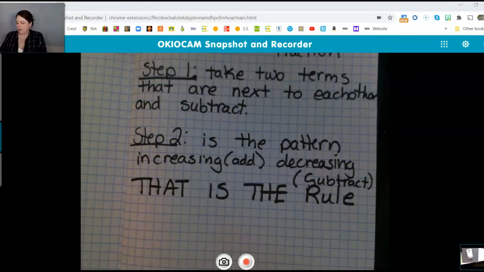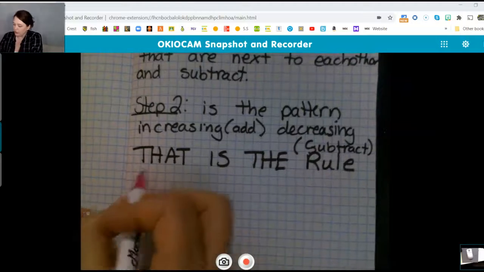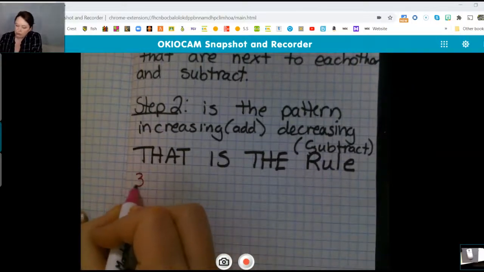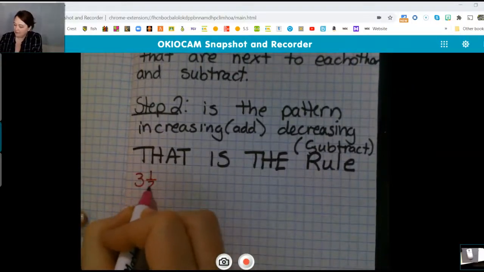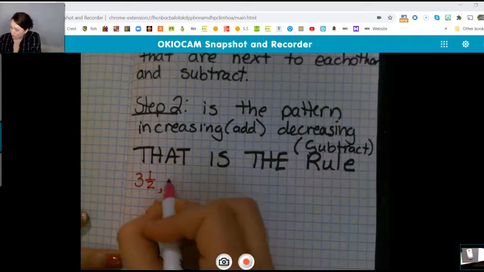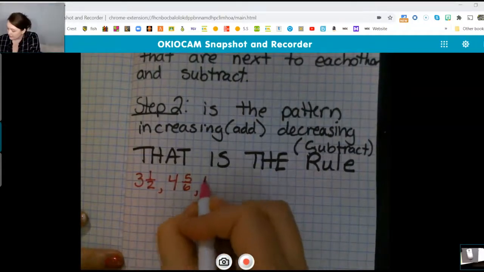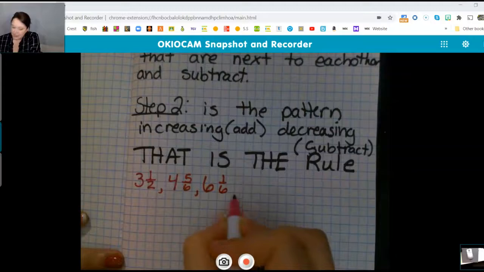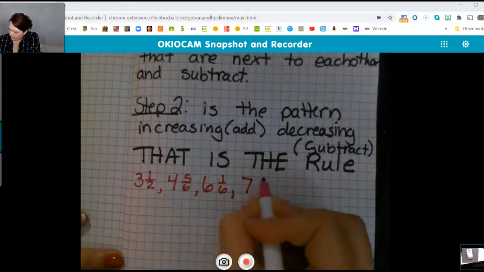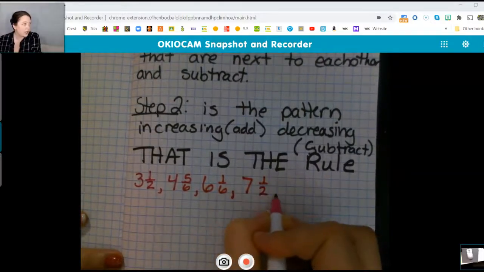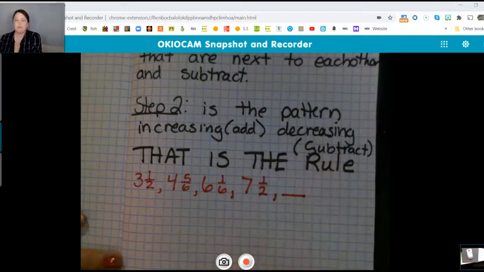So let's start with the pattern. The first term is 3.5, comma, 4 5/6, comma, 6 and 1/6, comma, 7.5, comma, blank.